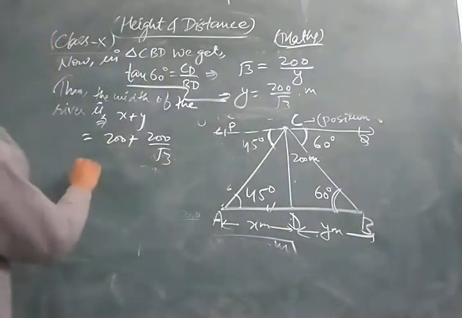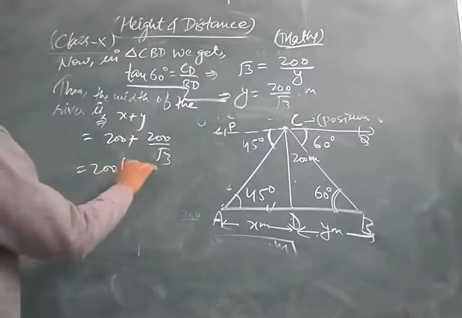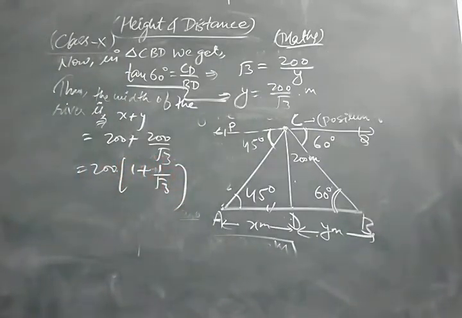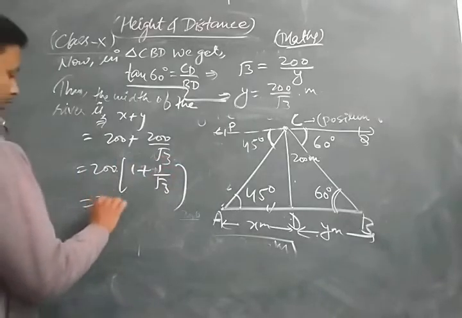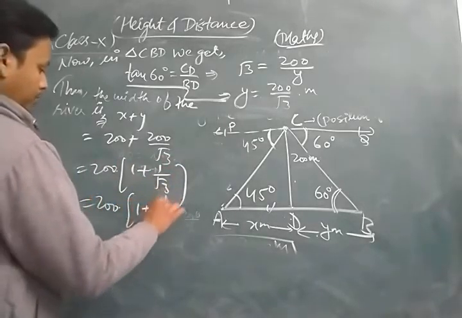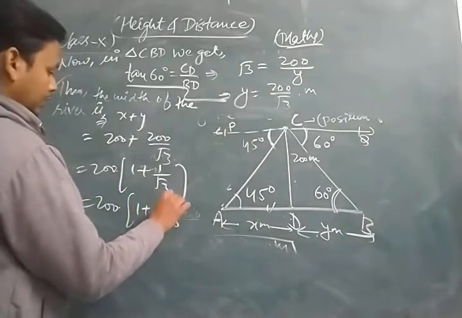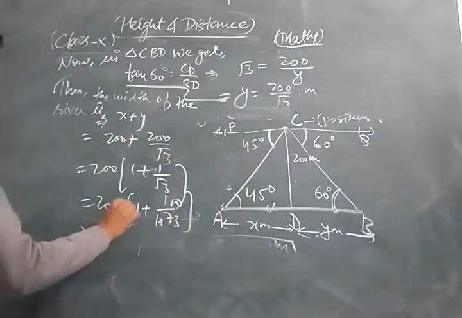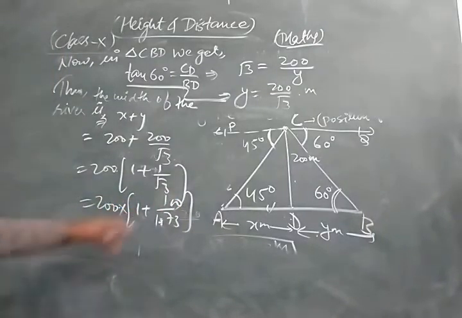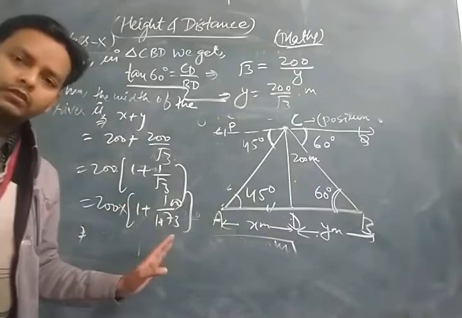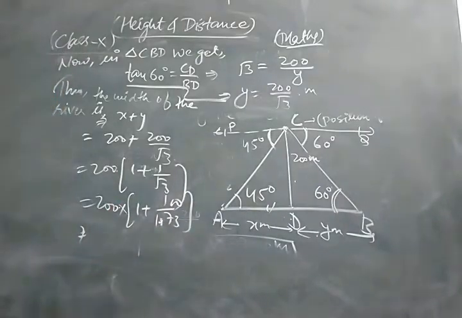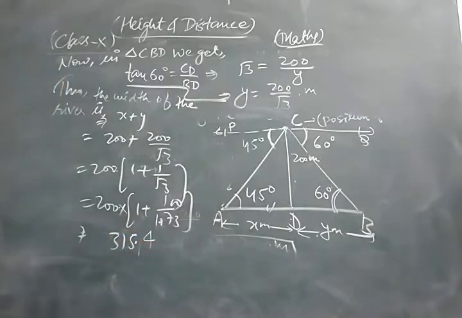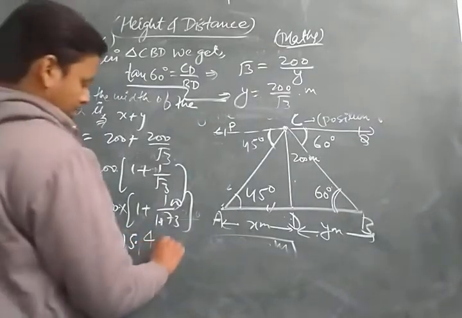Now we take 200 as common, so that is 200 times 1 plus 1 upon root 3, and you know that the value of root 3 is 1.73. After simplifying, we get 315.4 meters.